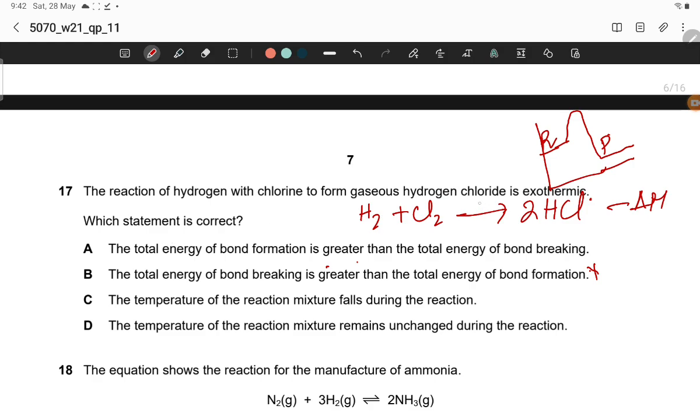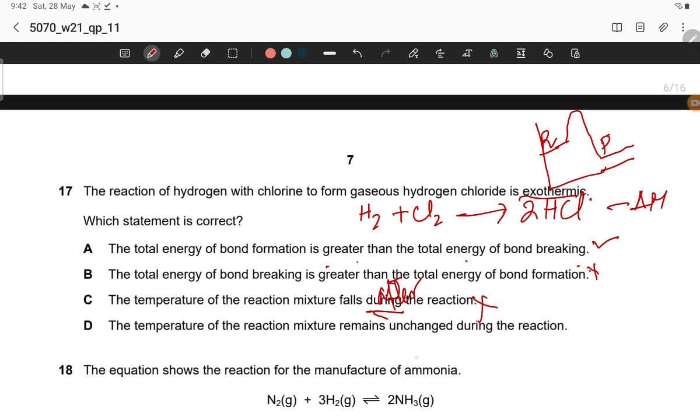Which statement is in context of exothermic energy? Total energy of bond forming is greater than the total energy of bond breaking. This must be correct. The temperature of the reaction mixture falls during the reaction, not during the reaction, after the reaction. So this is incorrect.